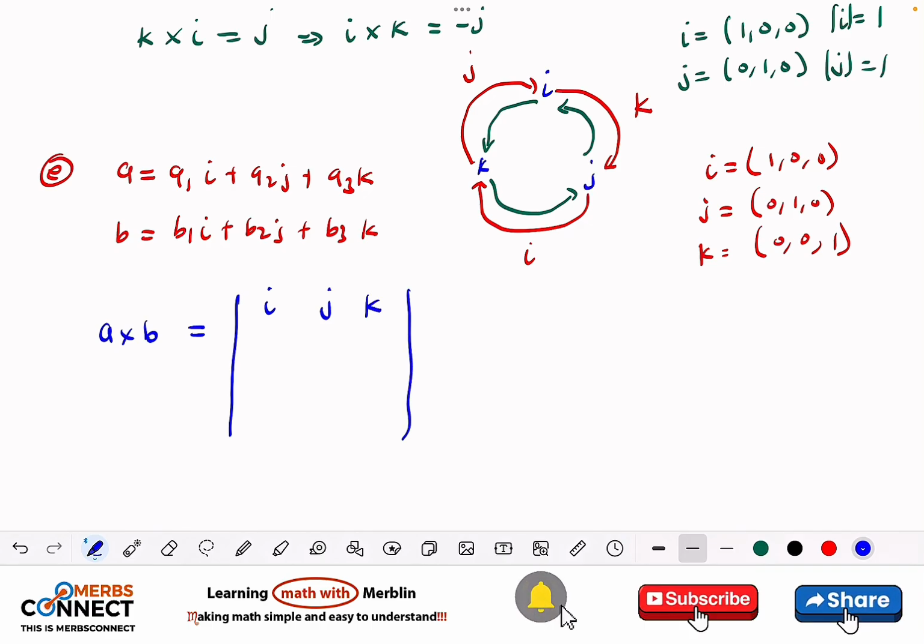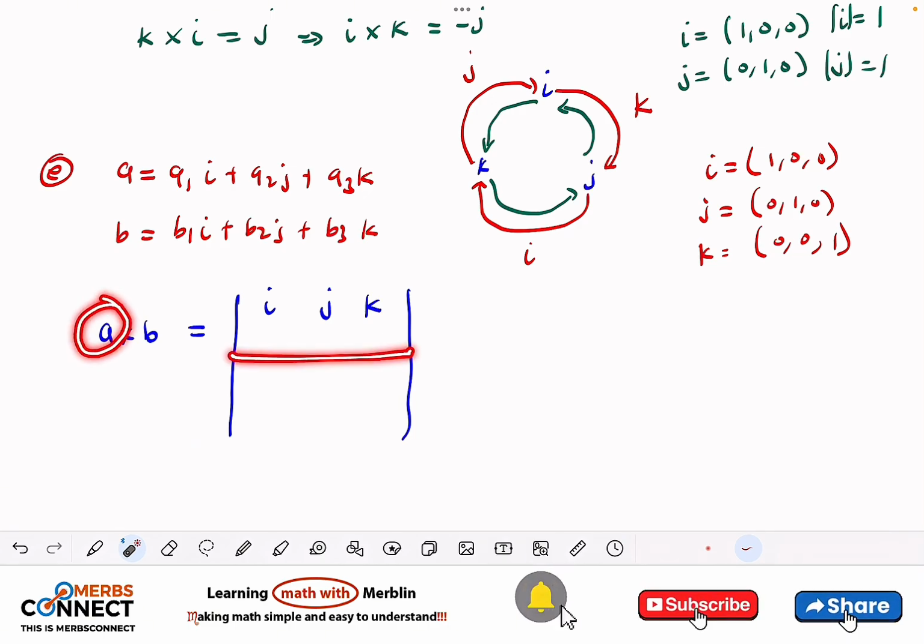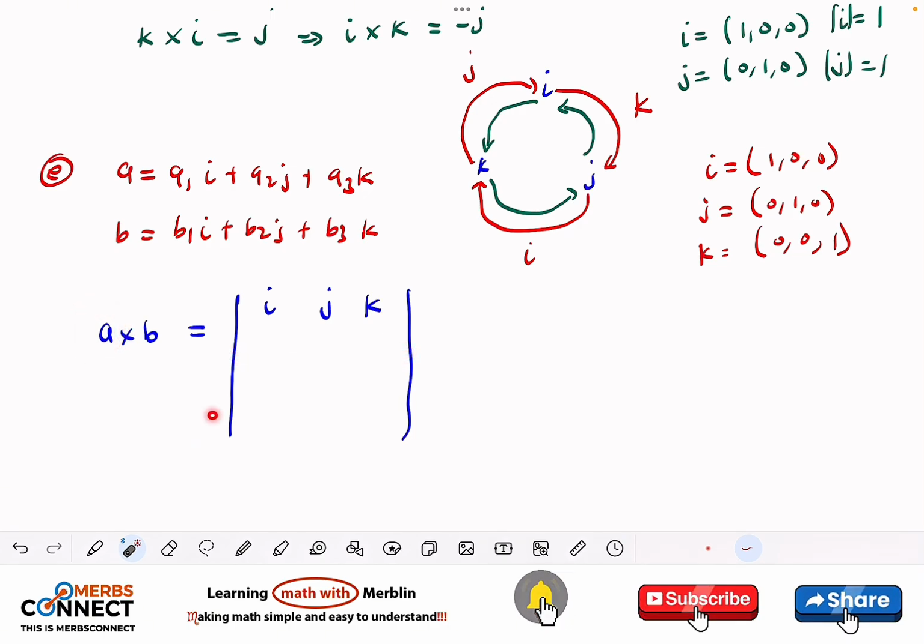We need to have all the directions on the first row. The second row should be the first vector, and then the last row should be the second vector. So the first vector is a1, a2, a3.